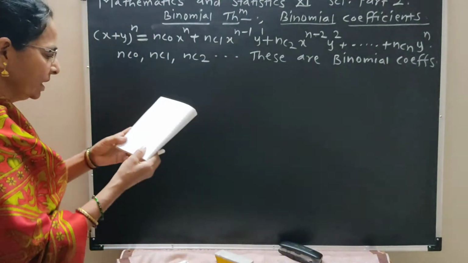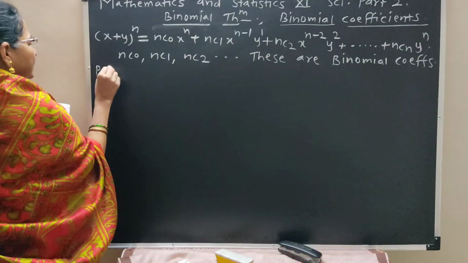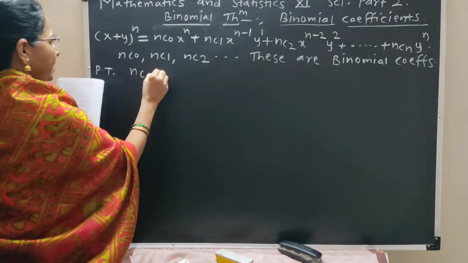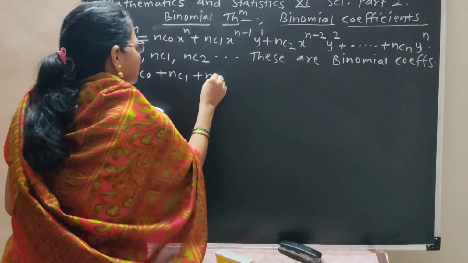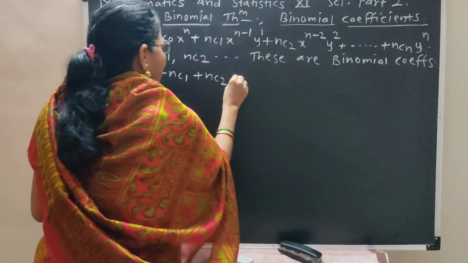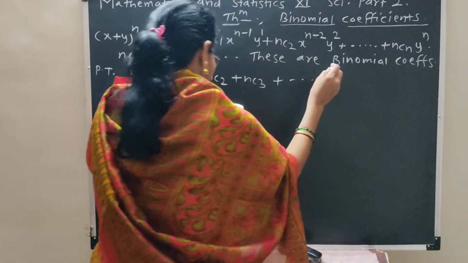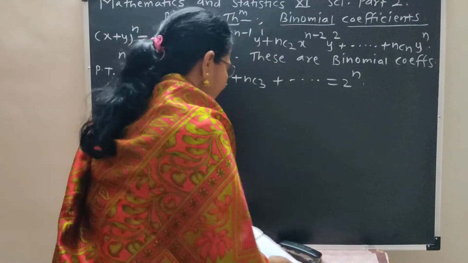Question related with this: prove that nC0 plus nC1 plus nC2 plus nC3 and so on is equal to 2 raised to n.